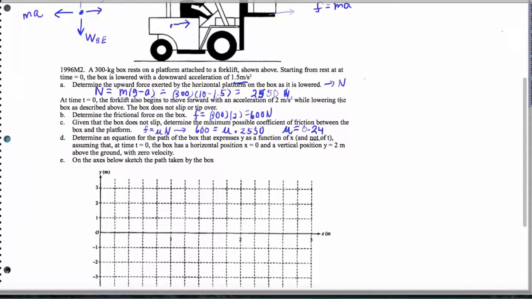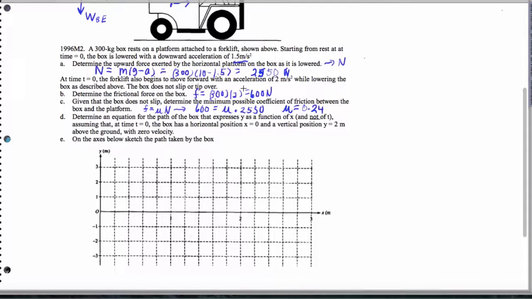as our coefficient. Now, this is an interesting question for part B. It says determine an equation for the path of the box that expresses y as a function of x and not of t. So we have horizontal position x naught equals 0, y naught equals 2. The equation that they give us is x equals 1/2 a x t squared plus v naught x t plus x naught.